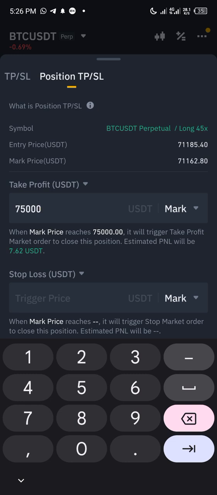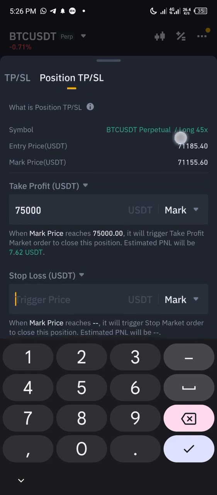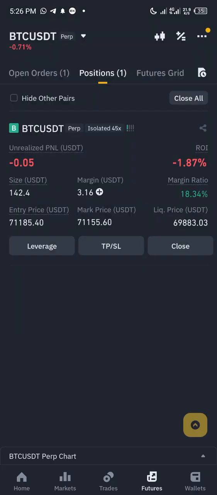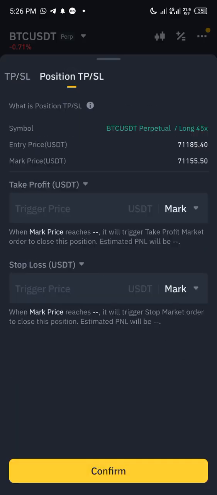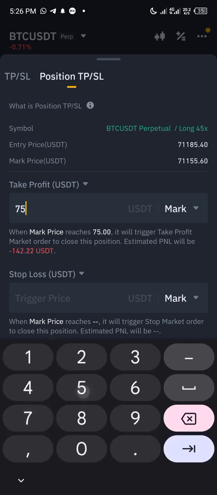And how do you now set the stop loss? You click on the stop loss option. When you click on it, let's say if I'm taking a long position, you can see it here. The needed information will be given to you. I don't know why this thing keeps going off. So this is stop loss. Let's say if the price of Bitcoin could fall to, I entered the market when the price of Bitcoin was 71,185.